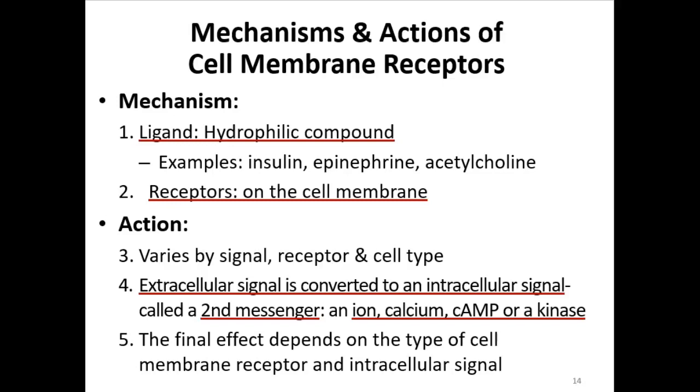The two most common are calcium and cyclic AMP. So those are the only ones we'll look at. What those second messengers do inside of the cell, what calcium and cyclic AMP do inside of the cell, will depend on the type of cell membrane receptor and what intracellular signal activated.